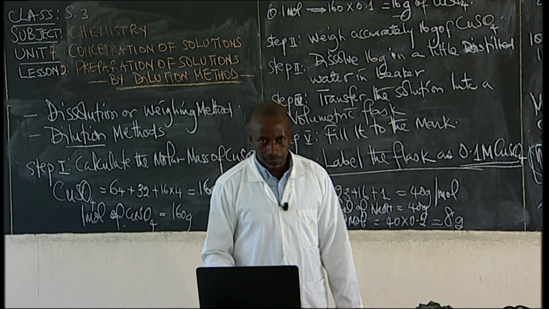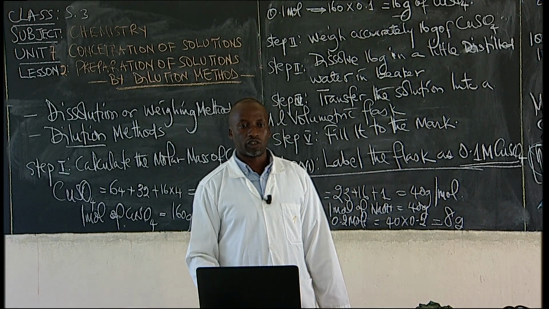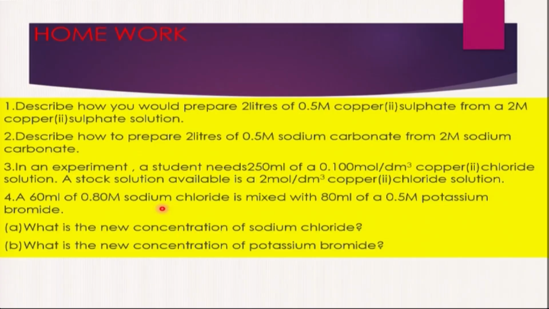So before I leave, I'll just ask you to attempt the homework. Then next time when I come back, we'll be able to go through them. Describe how you would prepare 2 liters, that is 2 decimeter cubed, or 2,000 cubic centimeters, because the liter is equivalent to 1,000 cubic centimeters. 2 liters of 0.5 molar copper 2 sulfate from a concentrated solution of 2 molar copper 2 sulfate.